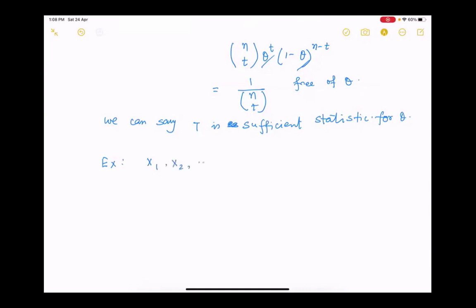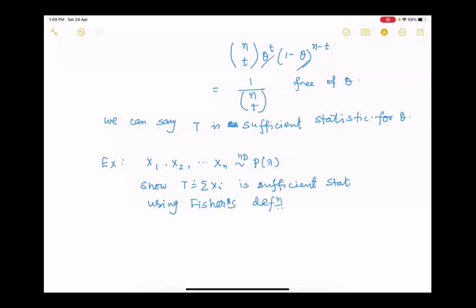X1, X2, ..., Xn follow IID Poisson(lambda). Show that T equal to summation of Xi is a sufficient statistic using Fisher's definition, not Fisher information. Using Fisher information, we already have shown that T is a sufficient statistic.